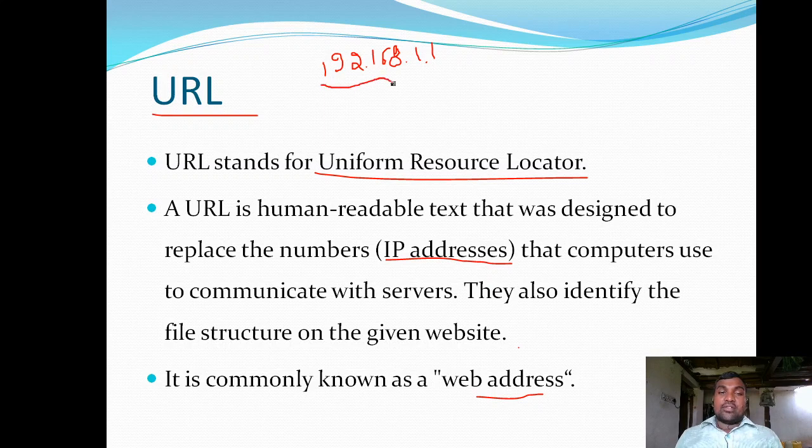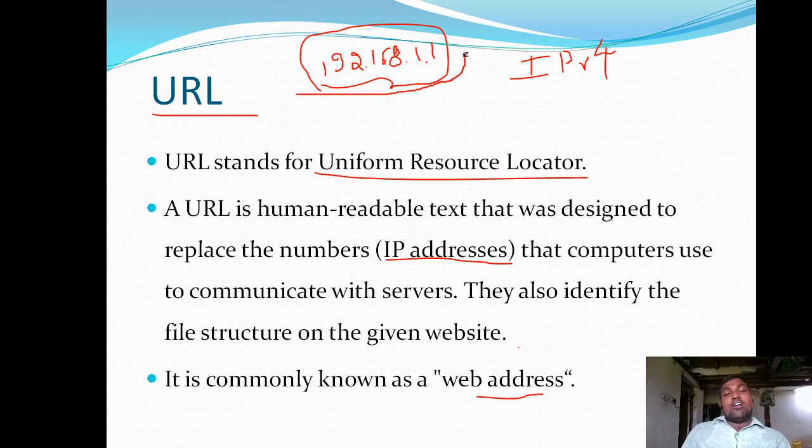So every web server is identified with some IP address, and this is the IP version 4 address. Okay, so it is a 32-bit IP address. IP version 4. So we cannot remember the IP addresses of all the PCs available around the world.